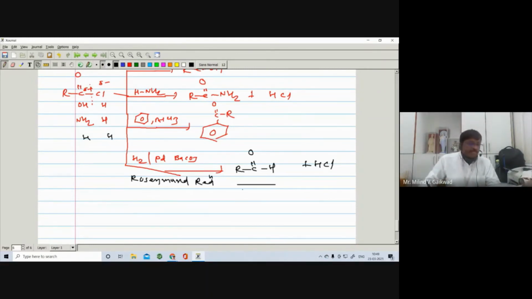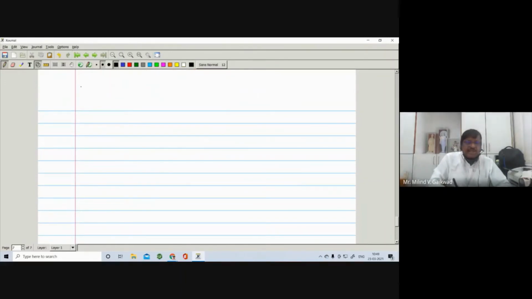Now the next example is acid anhydride. Let us see the preparation of acid anhydride. RC double bond O, O, C double bond O, R is called an acid anhydride.